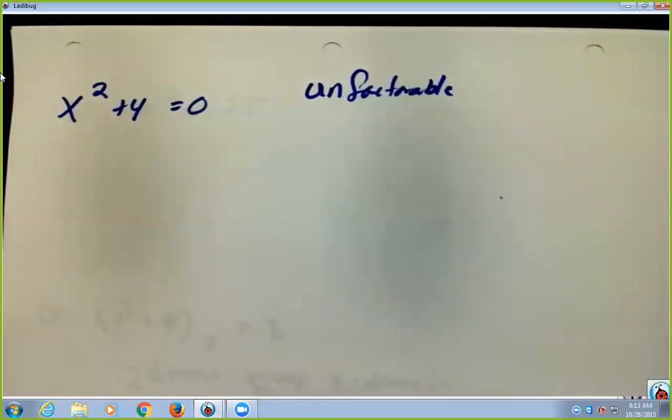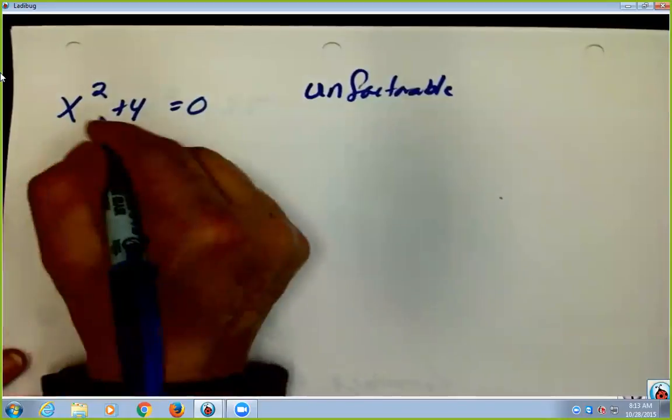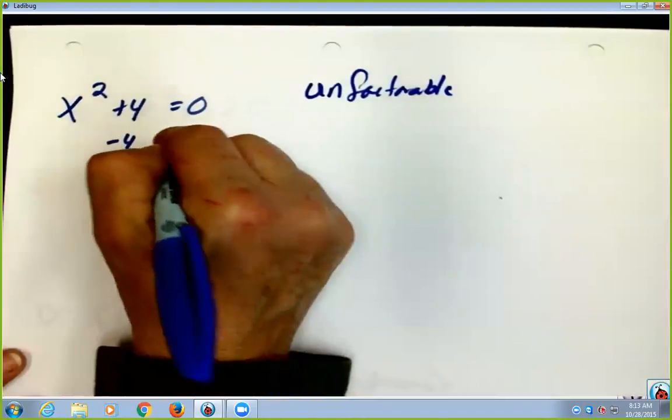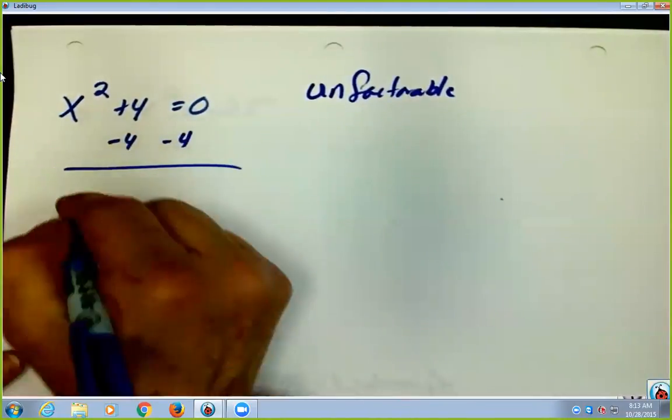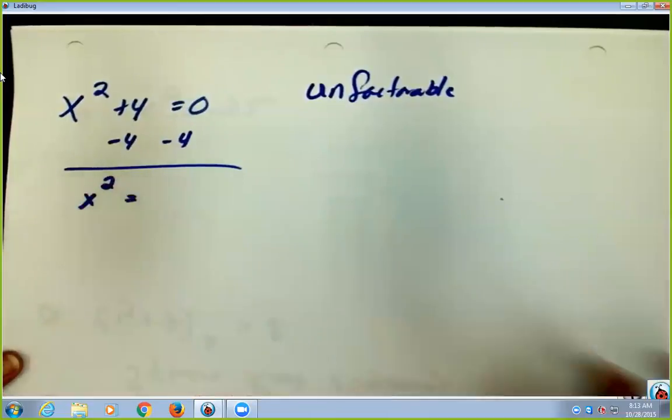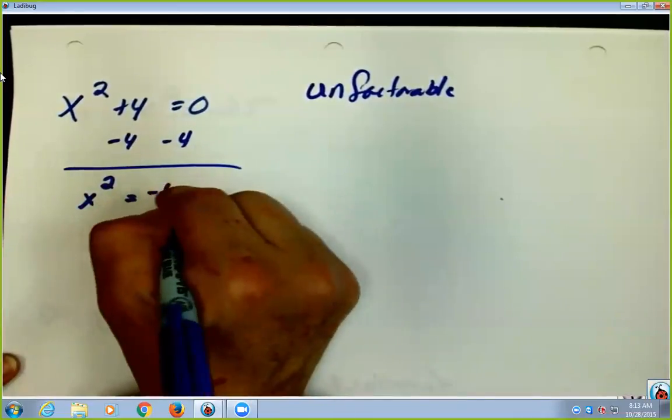But in here, because we have those lovely imaginary numbers now from chapter 9, we could take a look at this and say, oh, yeah, we can solve it. So now we're going to use that square root rule, and the square root rule says I'm going to subtract 4 from each side. So it's a little different than what we did before.